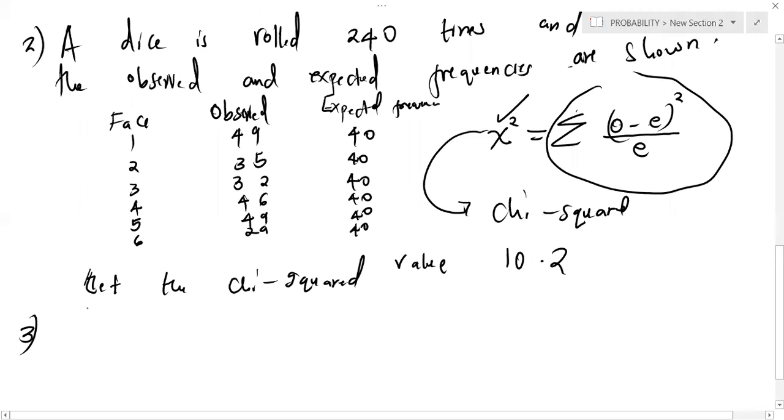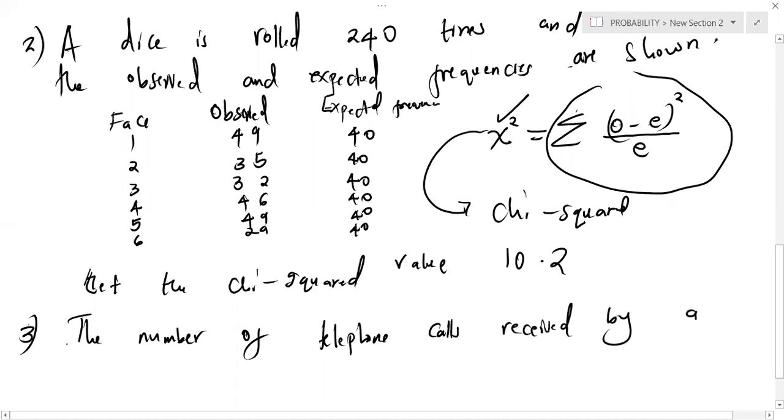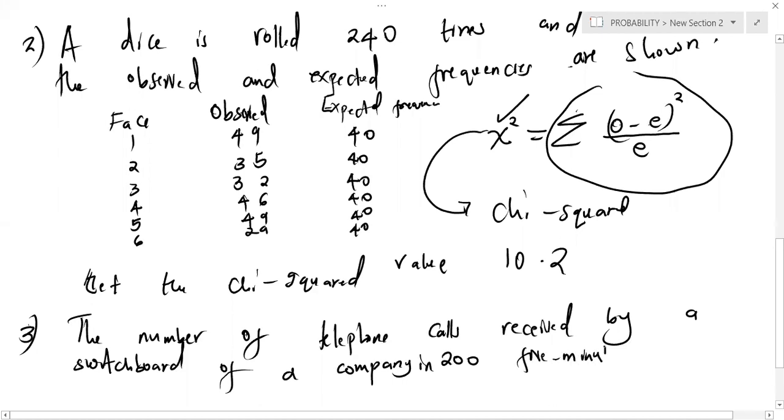The number of telephone calls received by a switchboard of a company in 5-minute intervals are shown below.